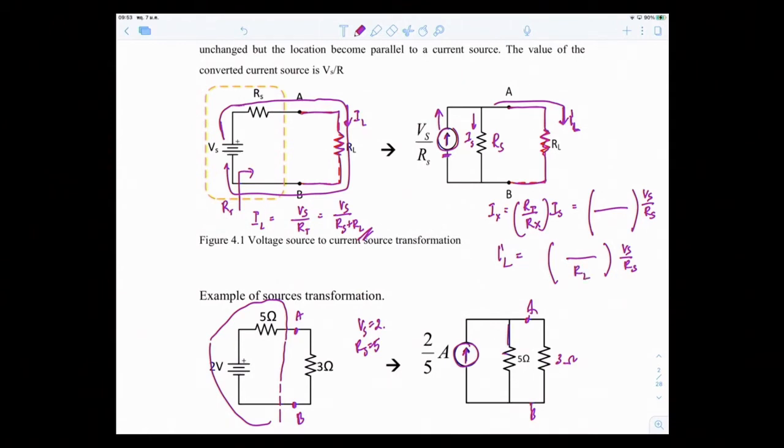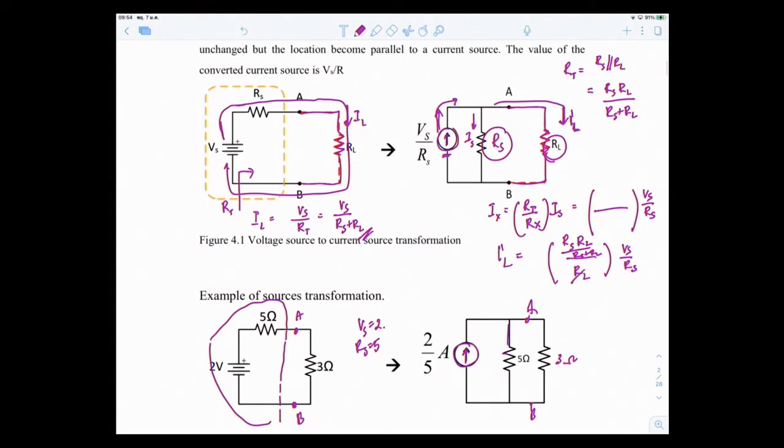R total is the total resistance that this current has divided into, so it's Rs and RL in parallel. Therefore R total is Rs parallel RL, which is Rs times RL over Rs plus RL. Putting it back, it becomes Rs times RL over Rs plus RL.